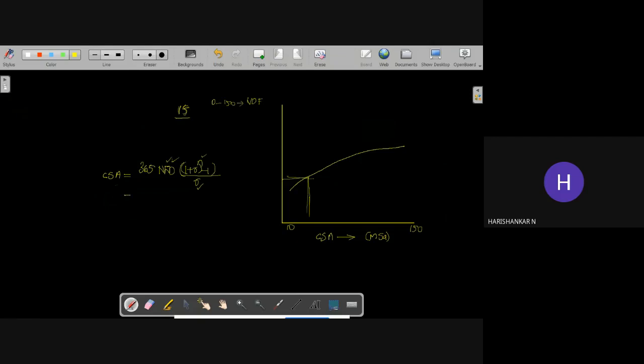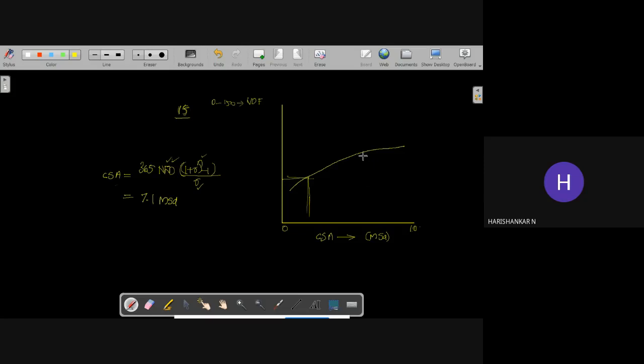Okay, 7.1 was the CSA value. Corresponding to this 7.1, which graph do you have to use? The first graph. Here you are having values ranging from 0 to 10.